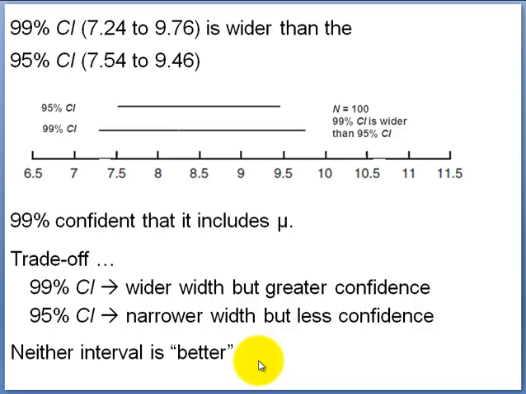So neither of the intervals shown at the top of this slide is better than the other. One is narrower and therefore more precise, but you have less confidence that it includes the population mean. The other is wider, so therefore less precise, but you have greater confidence that it includes the mean.